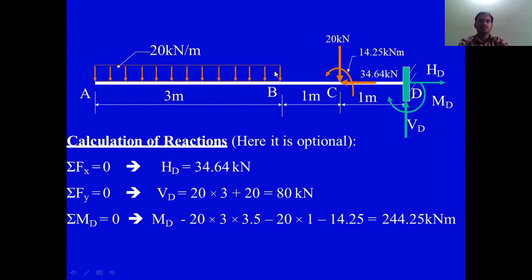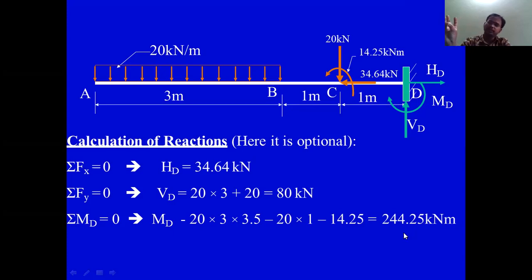That is, Md in one direction, clockwise, minus 20 into 3 into the distance here, 3.5, minus 20 into the distance 1, minus 14.25. So Md is equal to 244.25.